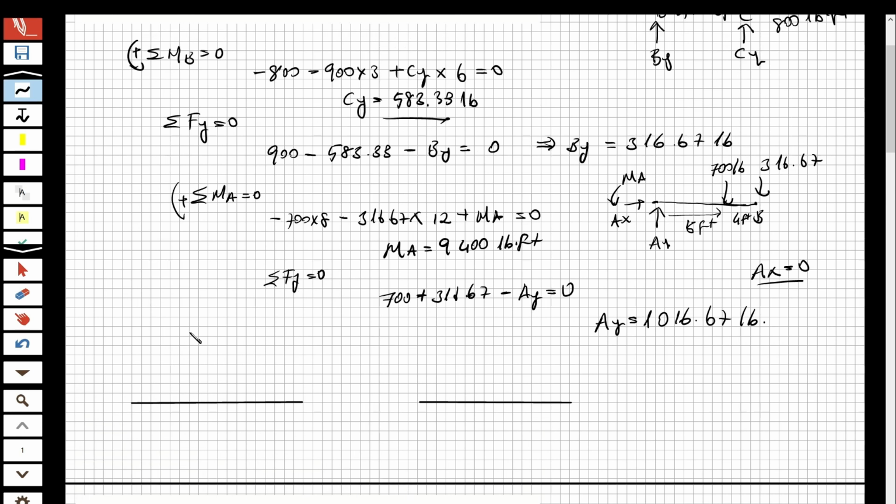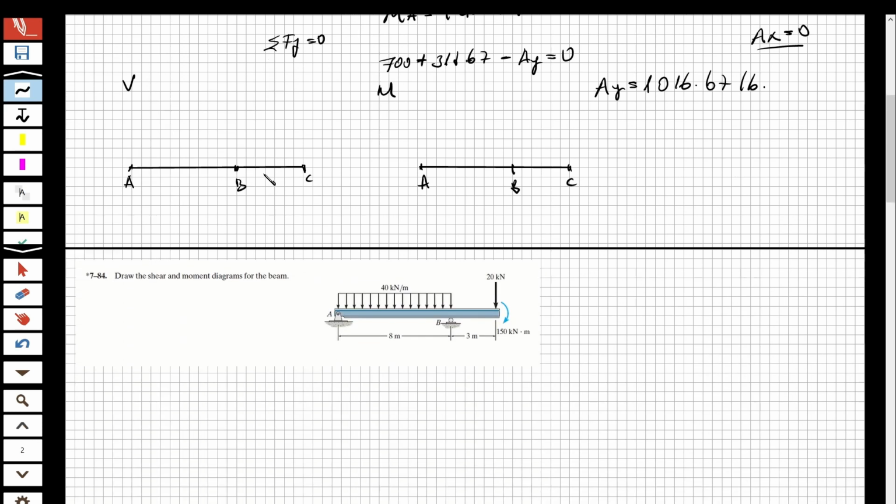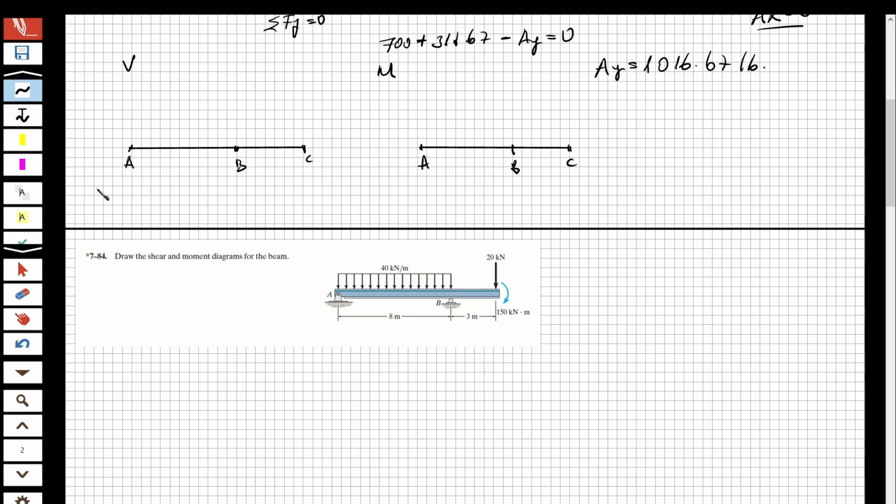So let's draw the shear diagram. For example, this is the point A, and this is B, and this is C. This is the shear diagram, and this is the moment diagram. For the shear diagram, I'm going to take a little up because it's going to be better to show you.